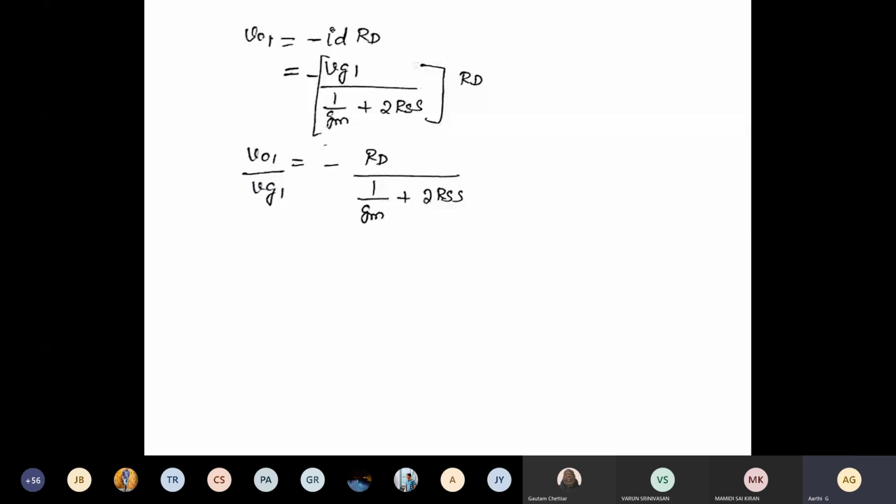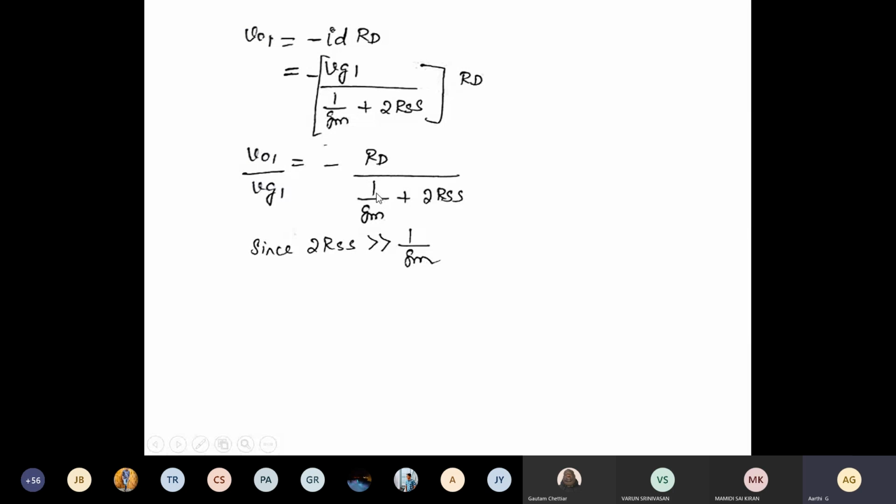When we calculate the gain in some numericals, the 1 by GM effect will be neglected, and in some places we will consider the 1 by GM effect. Generally 2 RSS is far greater than 1 by GM, so the effect of 1 by GM is negligible because transconductance is very high.